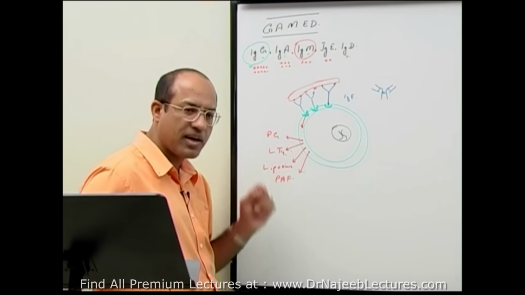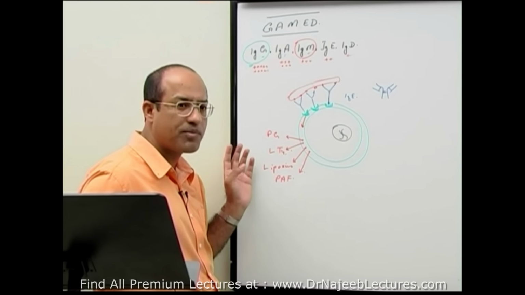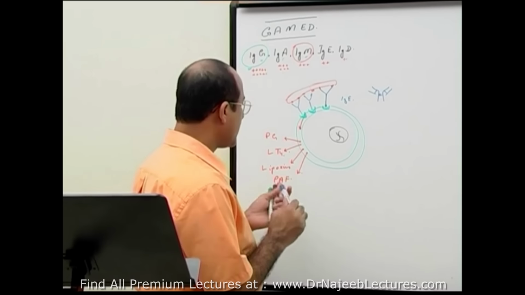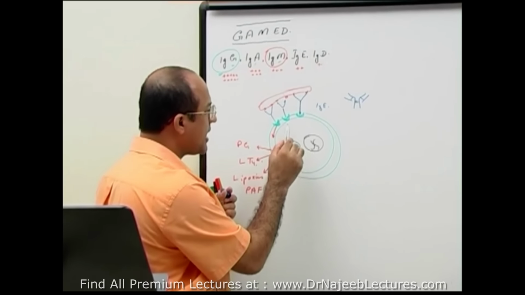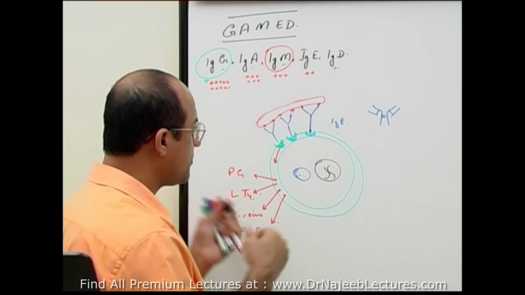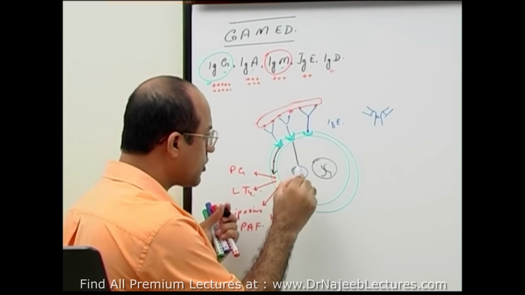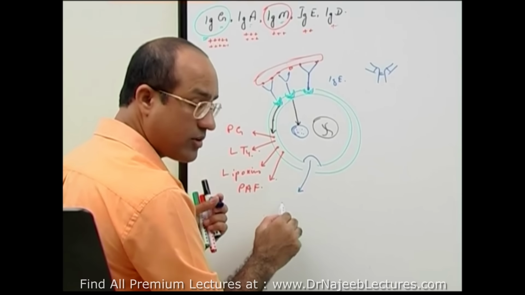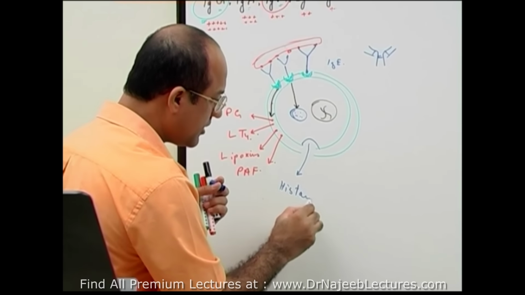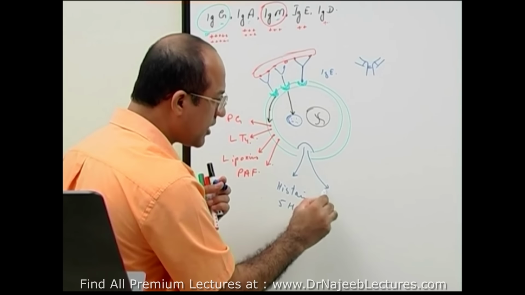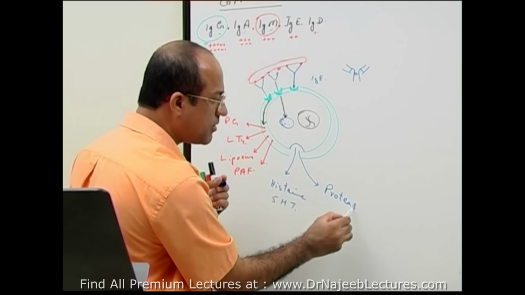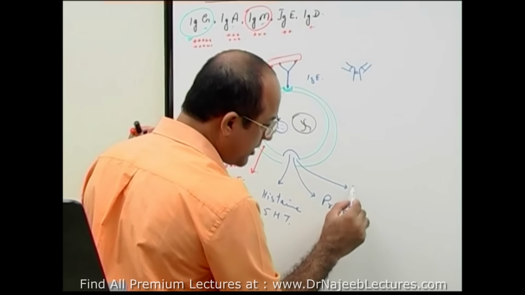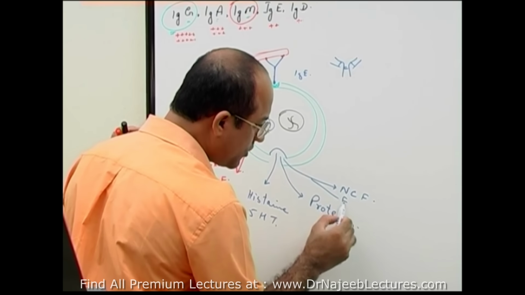So when IgE on the mast cells is activated, number one the membranes release many chemical mediators of inflammation like prostaglandins, leukotrienes, lipoxins and platelet activating factor, plus signals go to the cytoplasm and activate the granules, and mast cell degranulation releases histamine, 5-hydroxytryptamine, proteases, proteolytic enzymes, plus neutrophil chemotactic factor and eosinophil chemotactic factor.